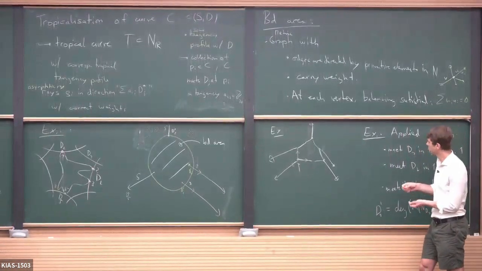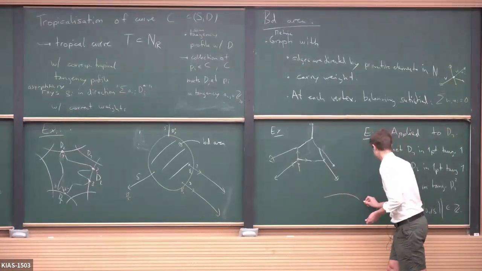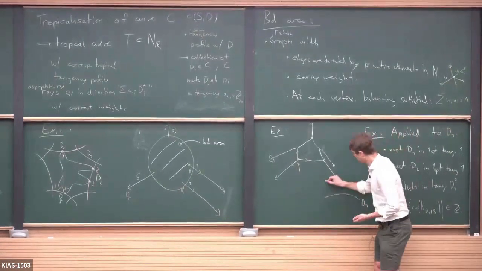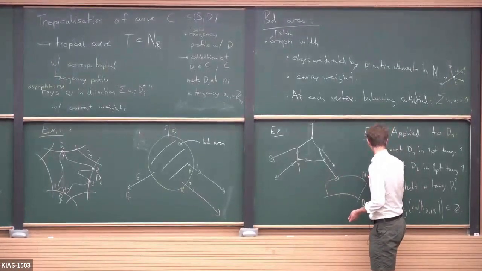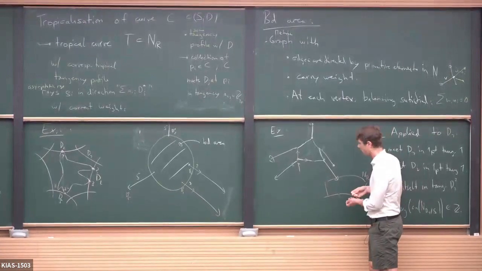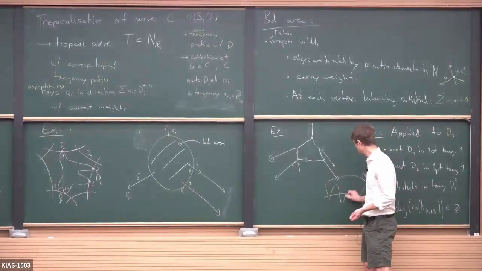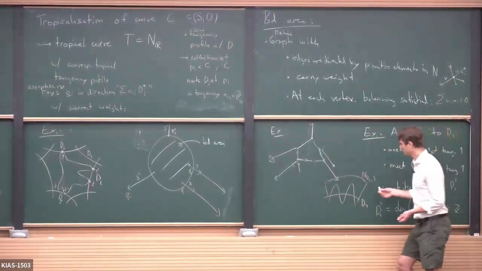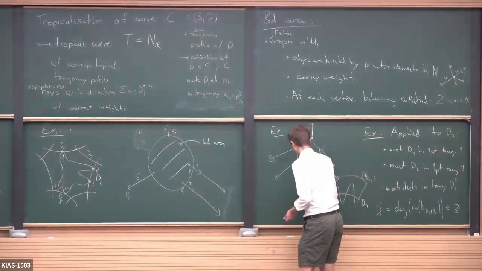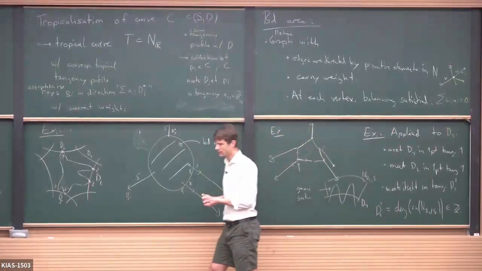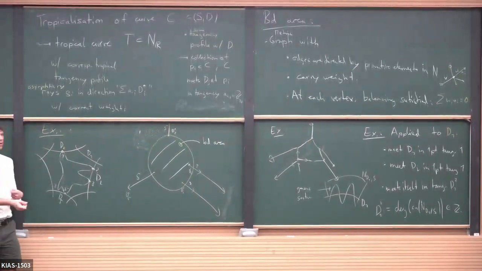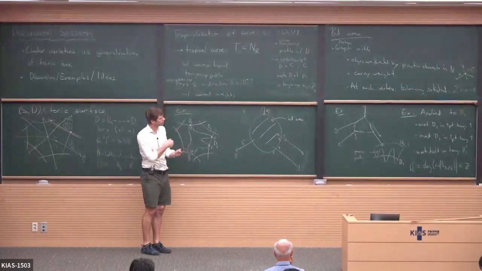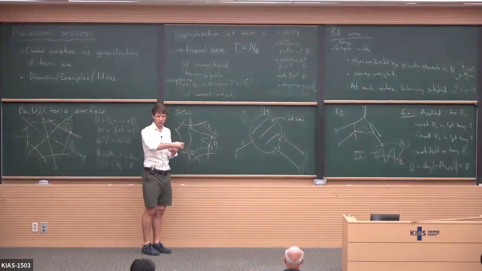How should you think about this? Well, this is D1. We take the normal bundle over it. Now, if this was a generic section, then the self-intersection will be, well, you take a generic section, so you move away from the normal bundle, and then you intersect the deformation of D with itself.